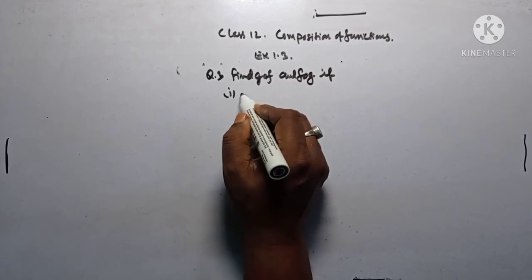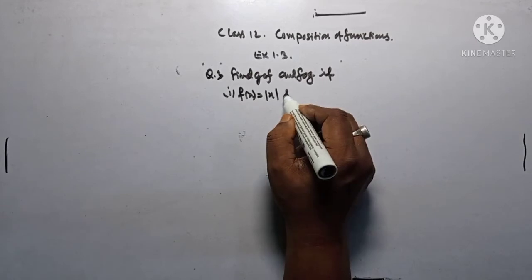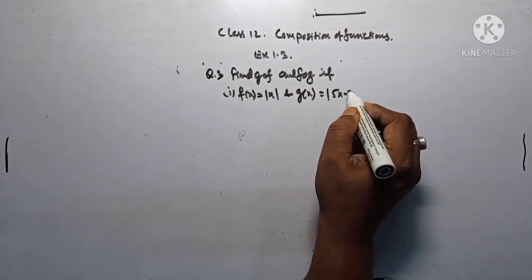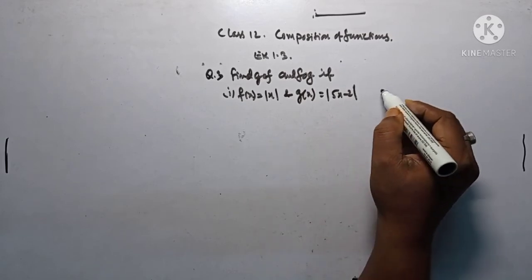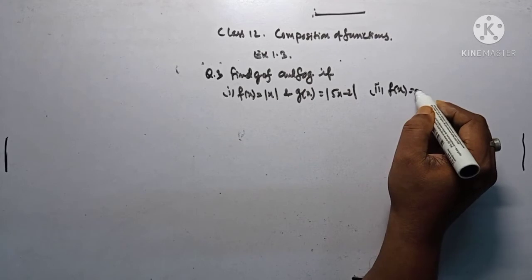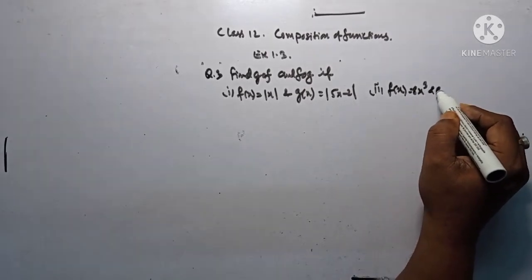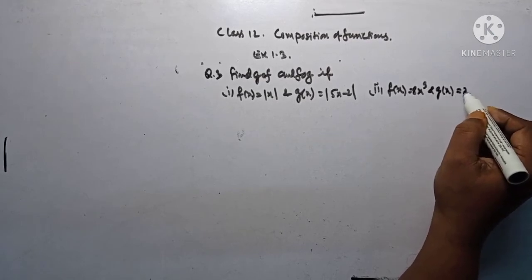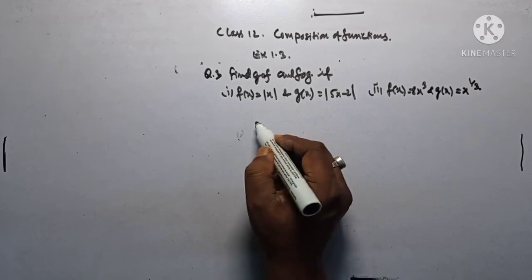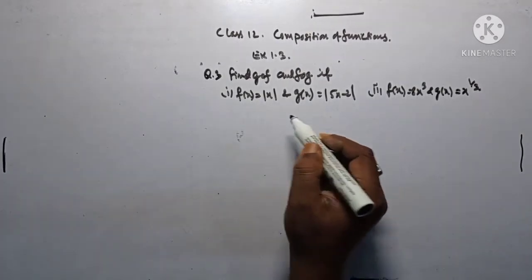First, f(x) is equal to modulus x and g(x) is equal to modulus of 5x minus 2. My second question is f(x) equal to 8x cube and g(x) equal to x to the power of 1 by 3. Now I am going to do only one for you. You can do the second yourself.